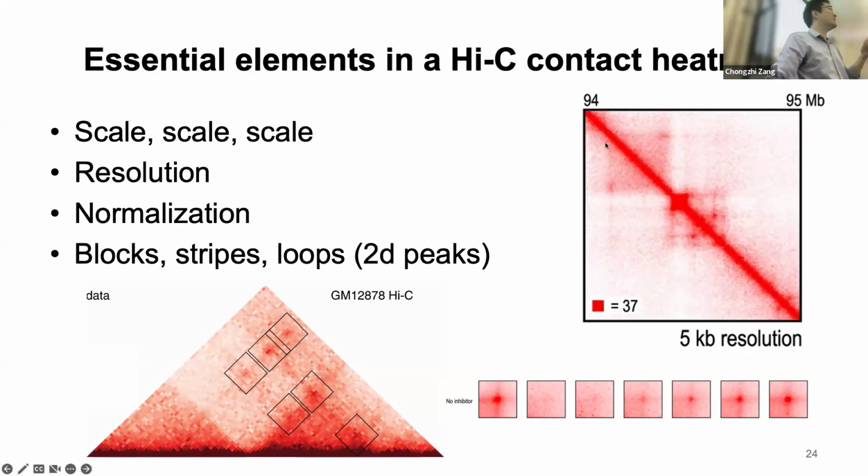Question? Would that be simultaneous interactions or different interactions? That's a great question. Keep in mind that usually Hi-C experiments are generated from a large cell population. So for each cell, it's just a snapshot of whether you capture the interaction at a certain location.